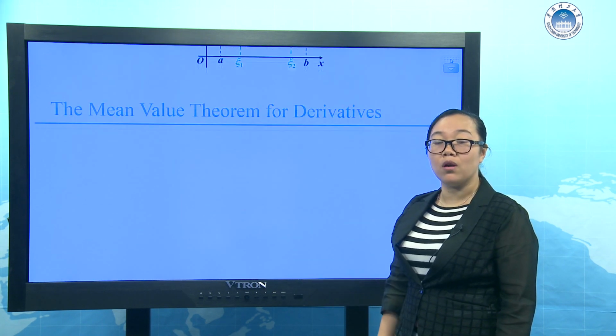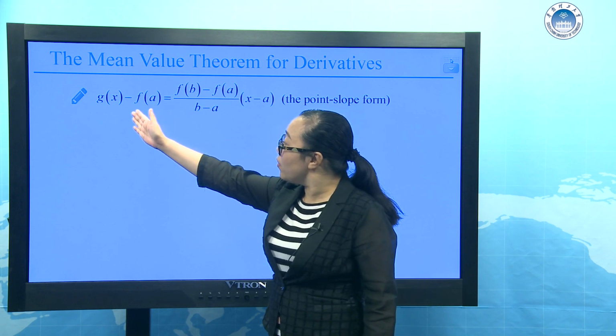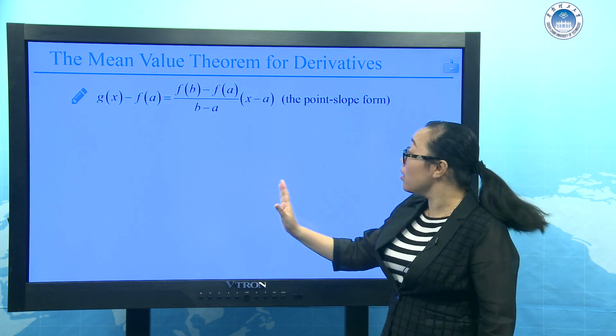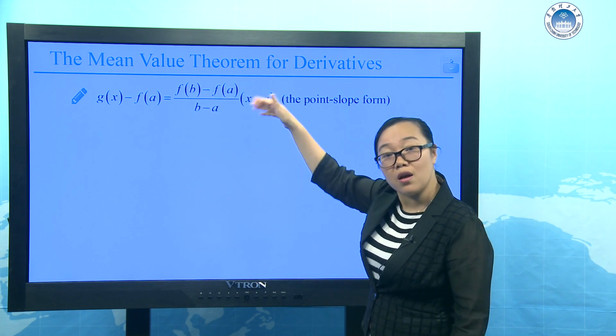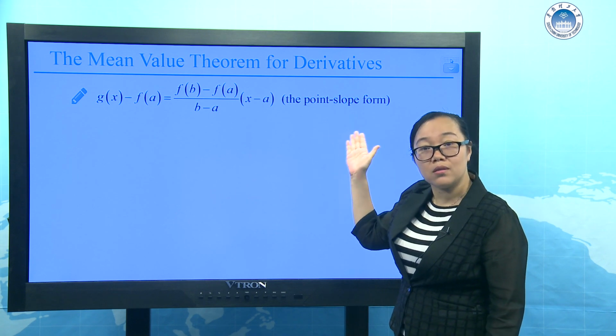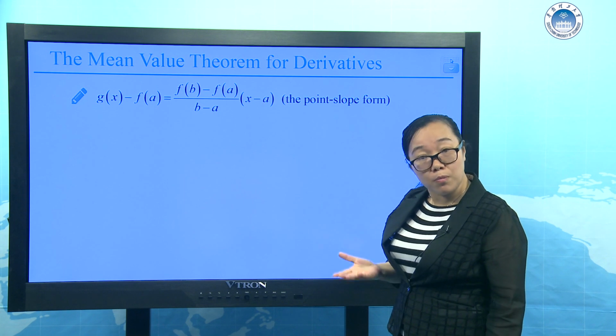Now look at our concrete proof. Let a new function g(x) minus f(a) equal k, which means the slope, times (x minus a), according to the basic form, the point-slope form. What is that point?